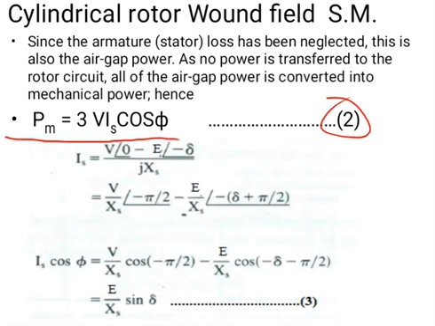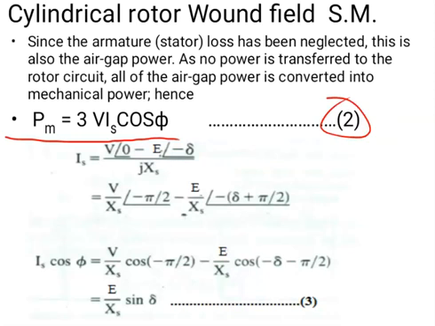Now we can write this equation as V upon Xs angle minus pi by 2 minus E upon Xs angle minus delta plus pi by 2, and if we consider the real parts, Is cos phi equals V upon Xs cos minus pi by 2 minus E upon Xs cos of minus delta minus pi by 2.